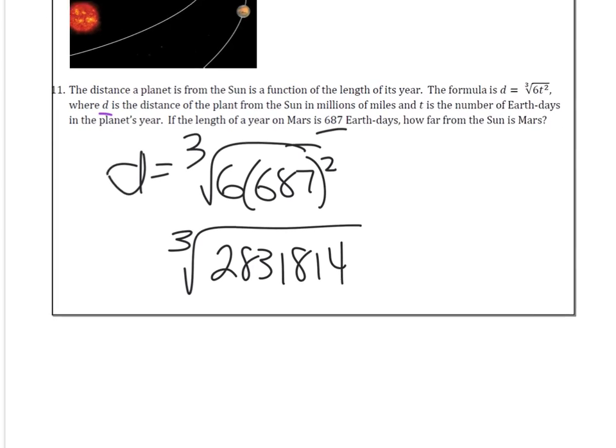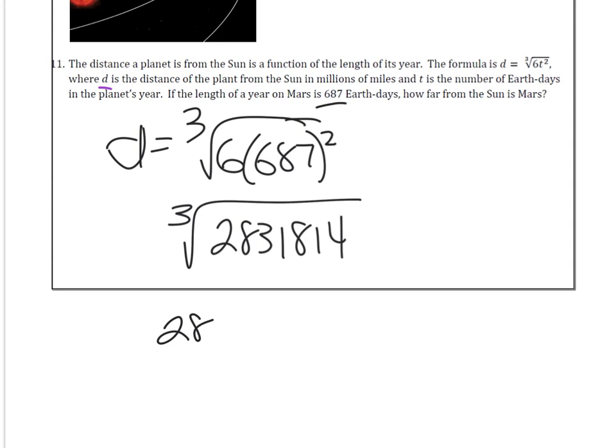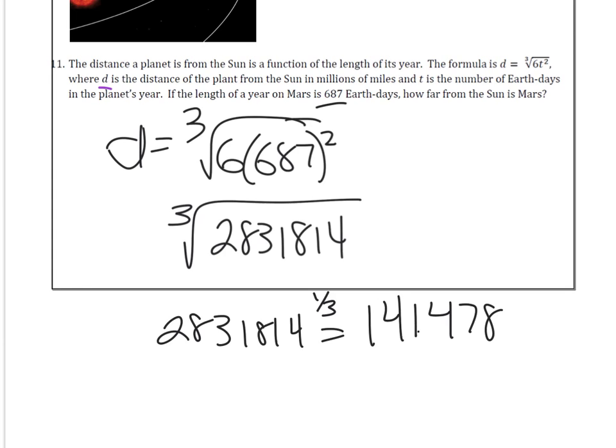So if you take 283,1814 raised to the 1/3 power, that's going to be 141.478. So that means this is in millions of miles. So that means that Mars is 141.478 million miles away from the sun.